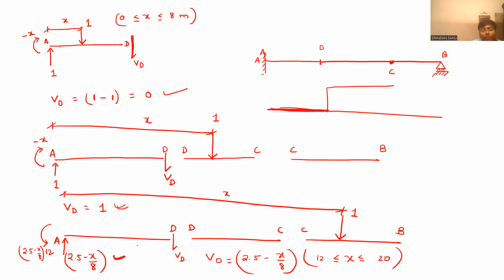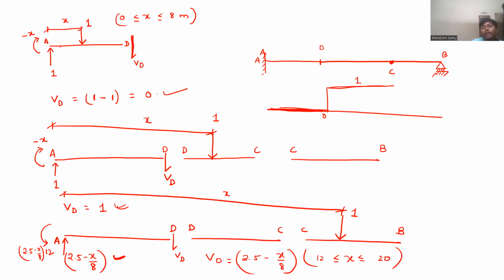So tell me, when you put x equal to 12 meter, what will you get? 12 by 8, 3 by 2, 1.5. So 2.5 minus 1.5 is 1. So it's 1. Here it is 0.